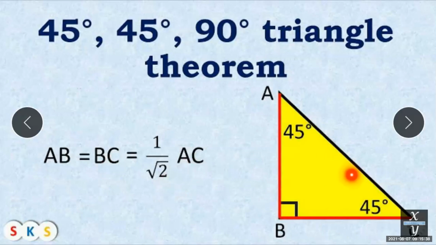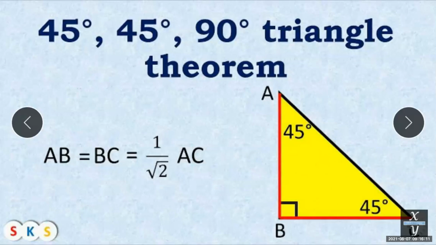Now it is equal to 1 by root 2 of the AC. AC is the hypotenuse. So each side here is opposite to 45 degree. This is the side opposite to 45 and this side is also opposite to the 45 degree angle. So what we can say here is that the side opposite to a 45 degree angle is 1 by root 2 of the hypotenuse.